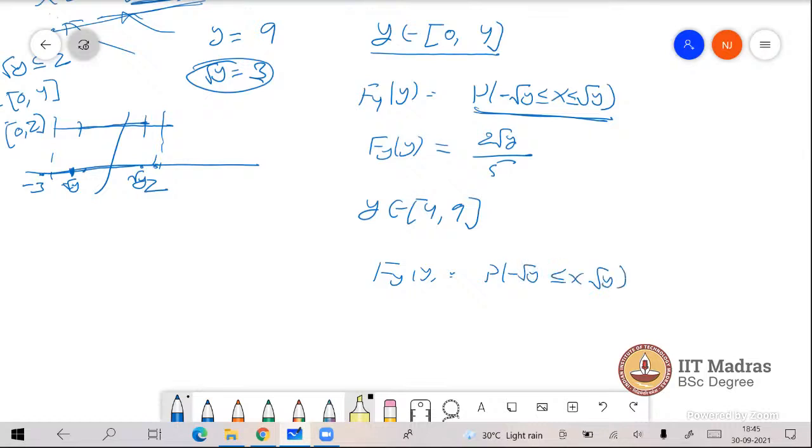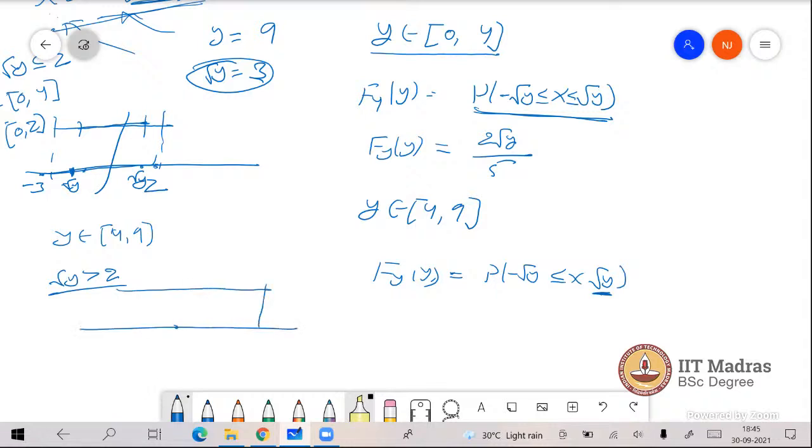Now look at this point. It is outside the range, because if I have chosen y from 4 to 9, then root y is obviously greater than 2. This is your x, the PDF of x, this is 2, this is minus 2, minus 3. So root y will go outside 2, somewhere here. And minus root y will always be less than minus 3, obviously.